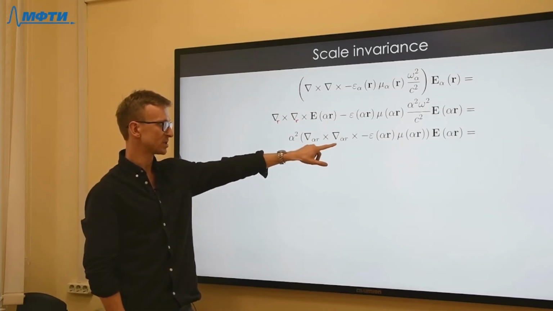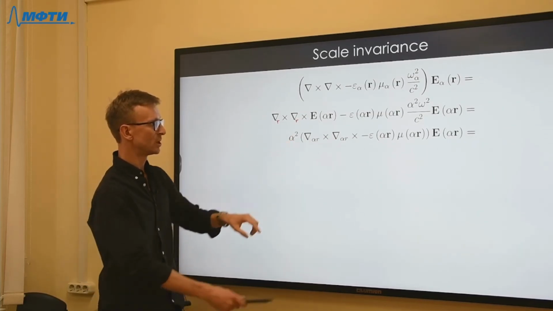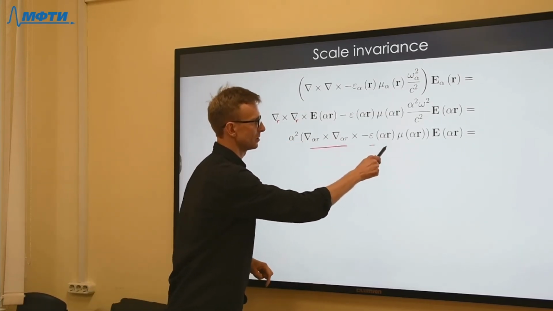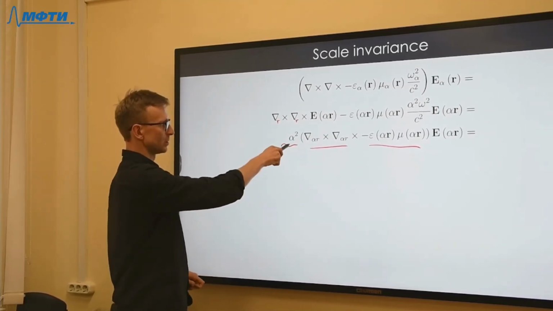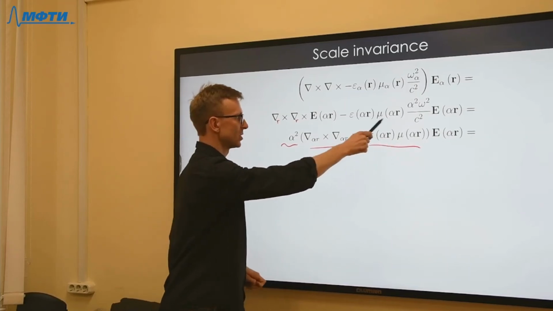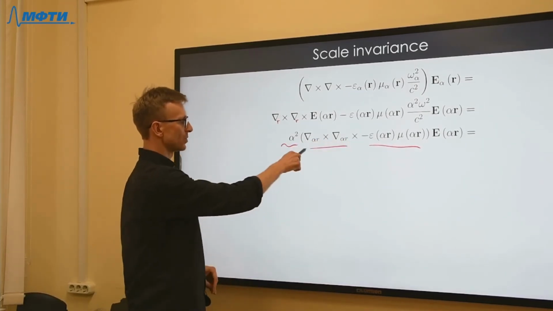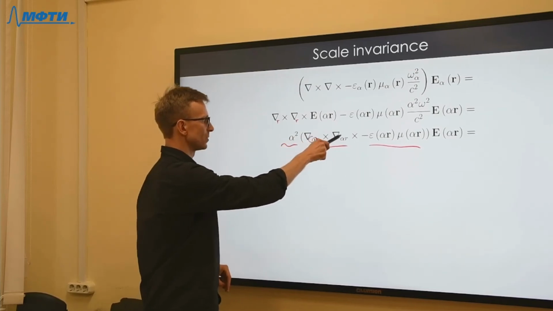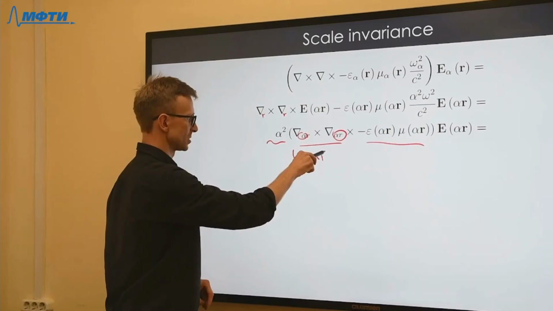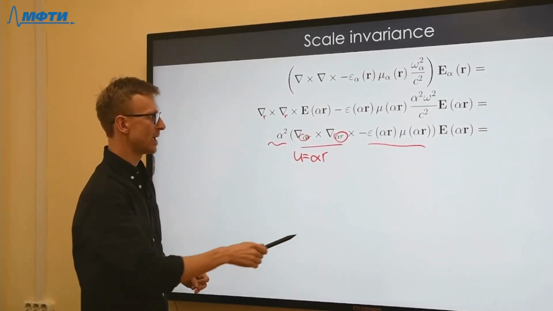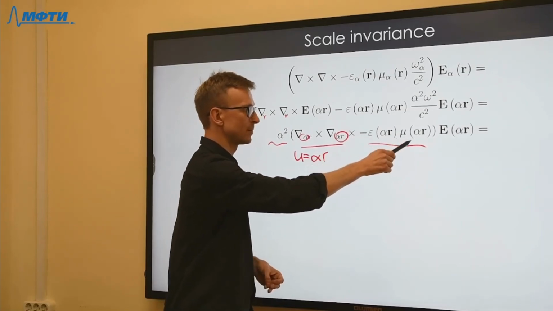And doing this allows us to have this prefactor alpha squared here. So now these two terms share the common factor alpha squared, which we can take out before the brackets, and in the brackets we're going to have rotor times rotor with respect to some new coordinate, which we're going to call u. u is going to be our new scaled, stretched or shrunk coordinate, and the permittivity times permeability as a function of the same coordinate.